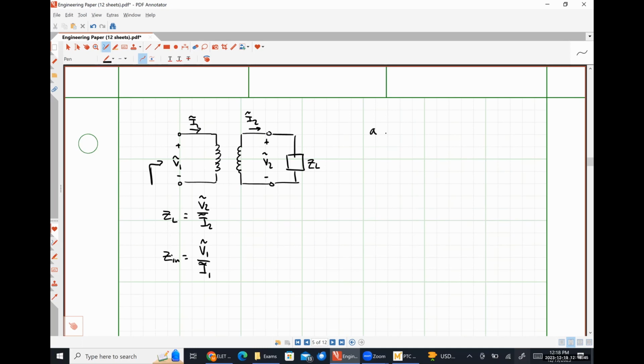Well, let's see here. So our turns ratio A is defined to be N2 over N1, or V2 over V1, or I1 over I2.